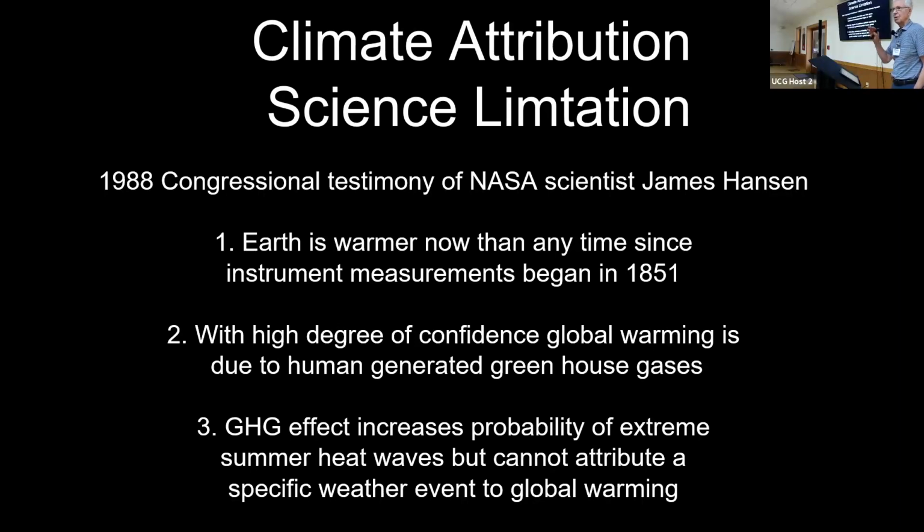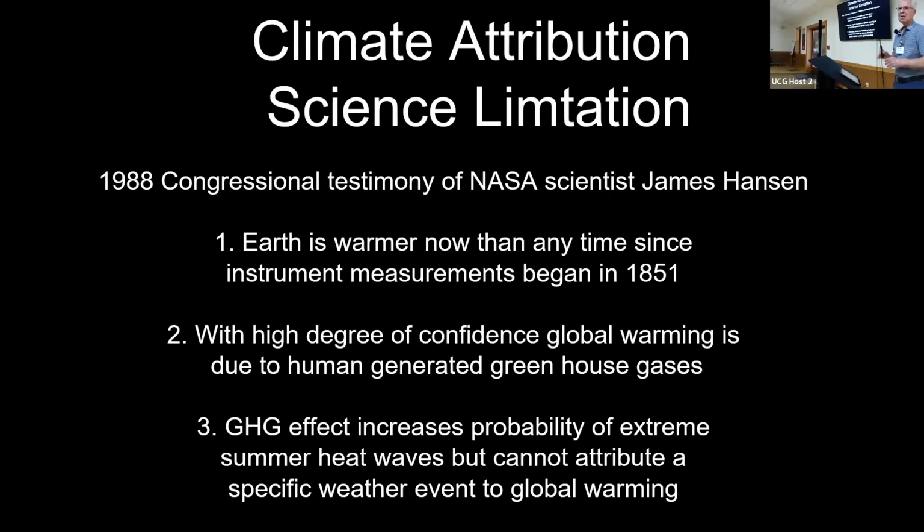This was a wake-up call. And finally, he had a proviso. Number 3, the greenhouse gas effect increases the probability of extreme summer heat waves, but we cannot attribute a specific weather event to global warming.